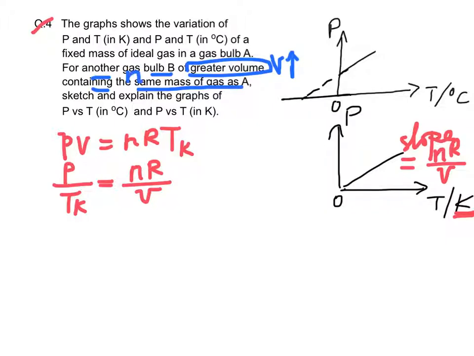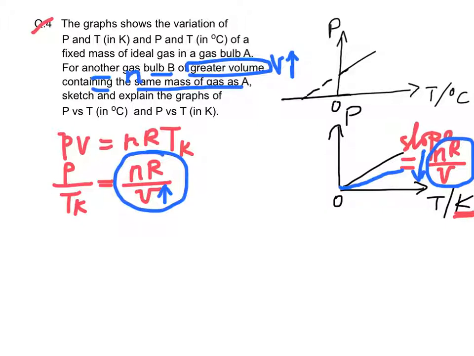That means the slope of the graph, nR over V, will decrease. Hence, the new graph will be a straight line passing through the origin with a smaller slope, like this one.